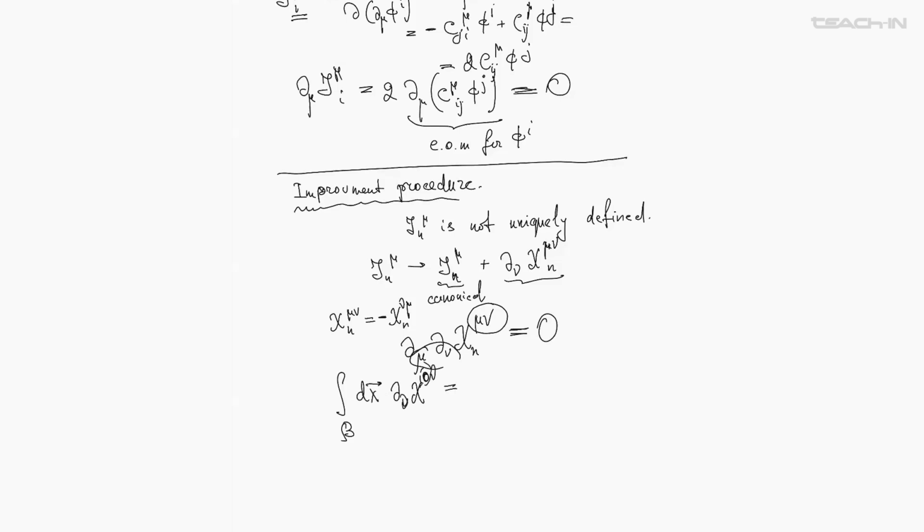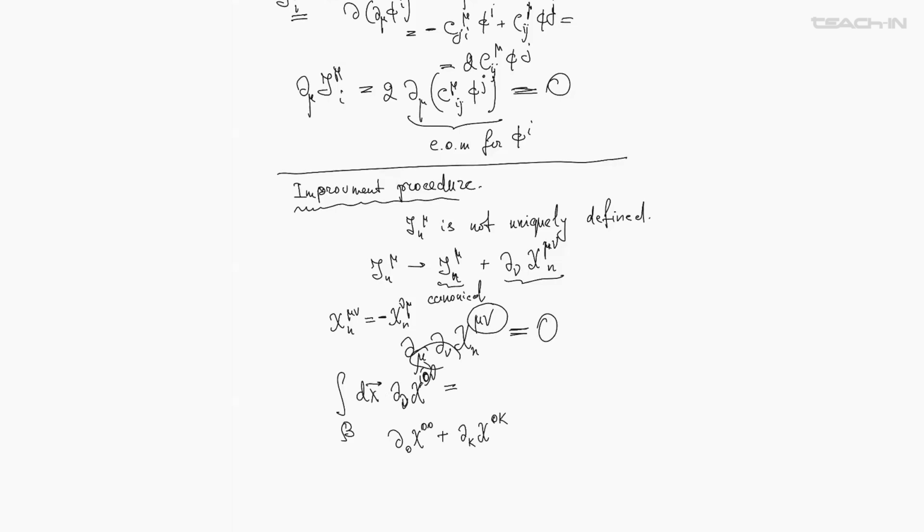If we write explicitly what this derivative is, d0 chi 0 0 plus d chi 0 k, where k runs over spatial directions.